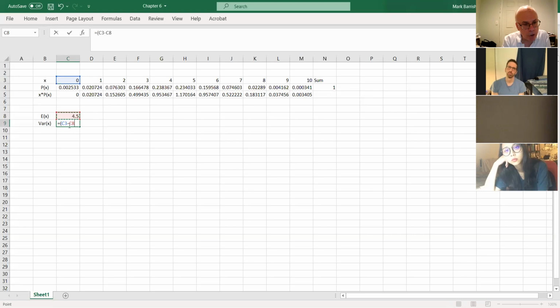We want it to be C8 in all these cases, so we fix it by putting a $ before the 8. It fixes the 8 when we copy the formula over. It makes it C8 for all those cells.